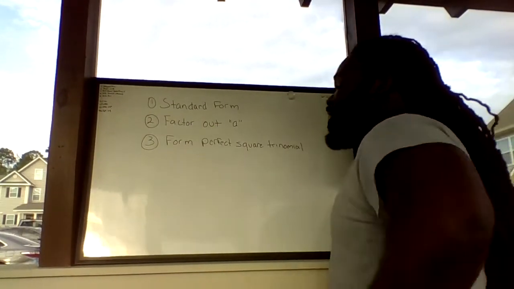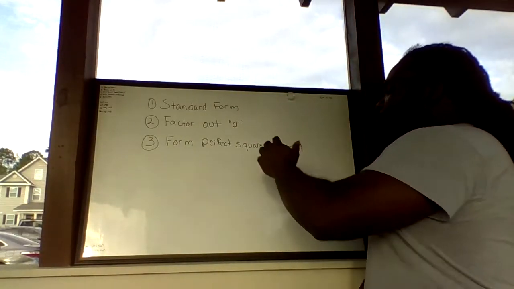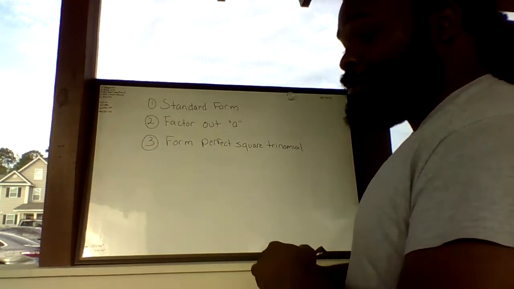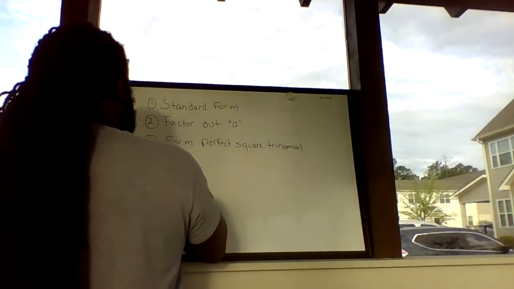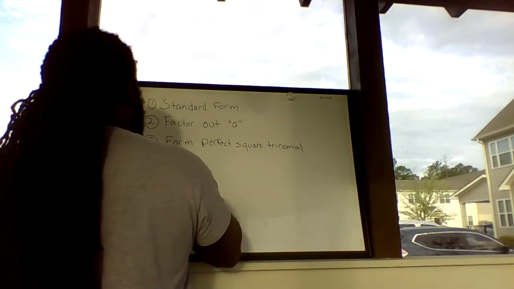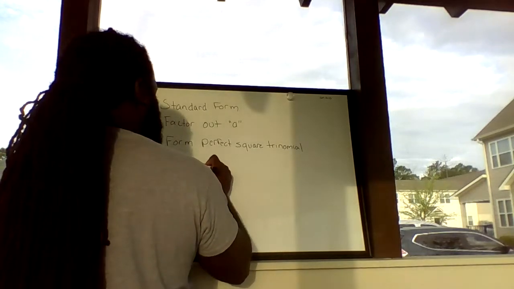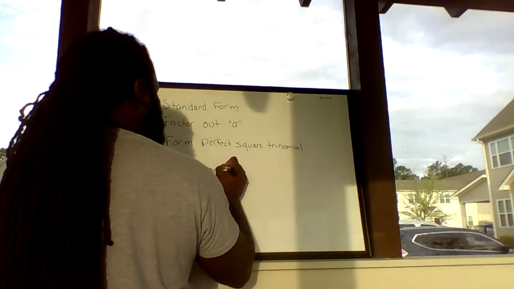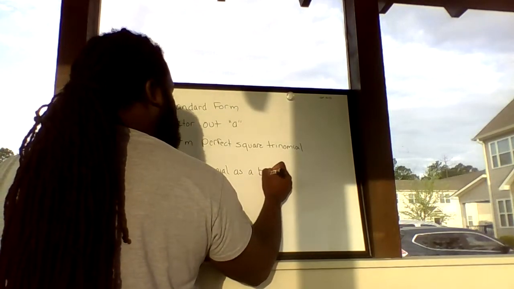Second, right, we want to factor out the A. Then third, we want to put it in a perfect square trinomial. That's by completing the square, right? After we get our perfect square trinomial, what we want to do is we want to write our trinomial as a binomial.